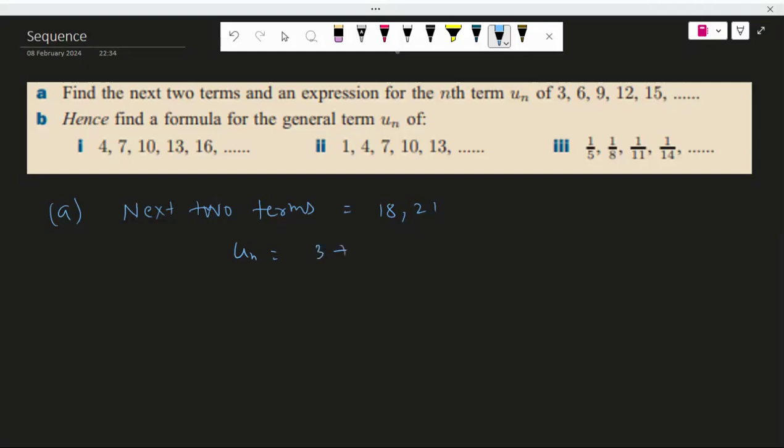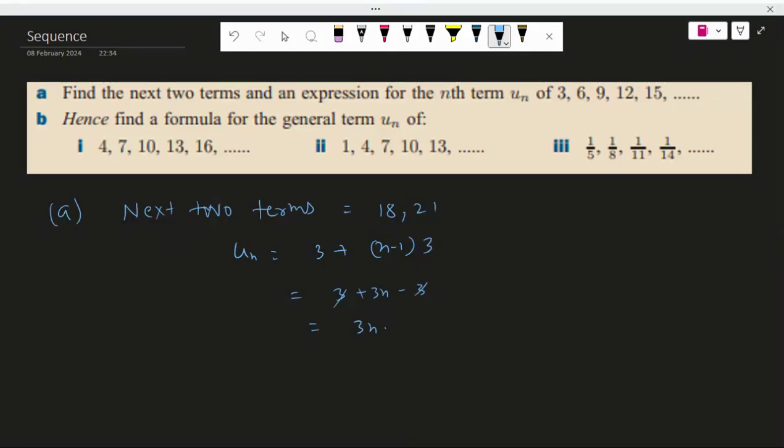It is a plus n minus 1 times d, so 3 plus n minus 1 times 3. So it becomes 3 plus 3n minus 3. In fact, this was a special case where you got the direct answer 3n. But in other cases, you have to use this formula to get the nth term.